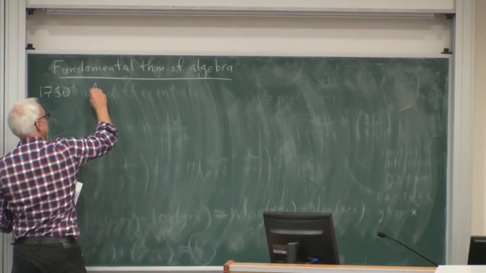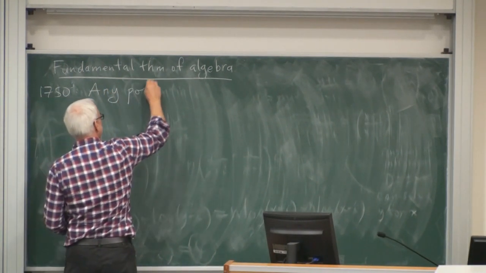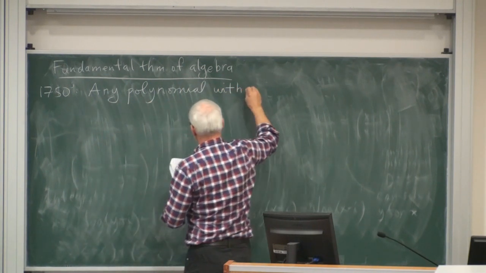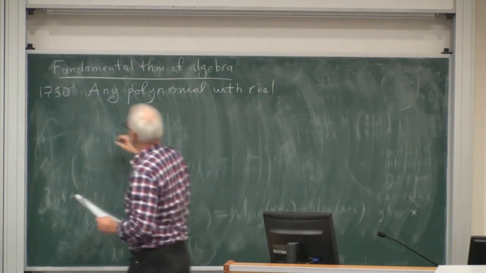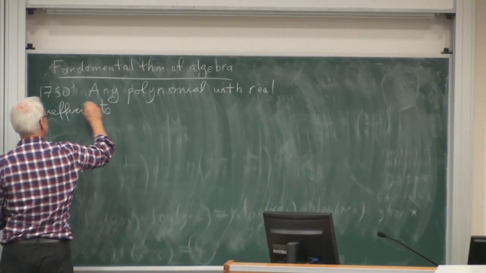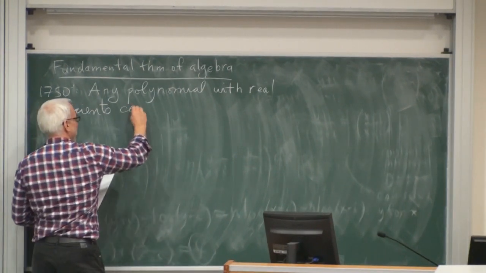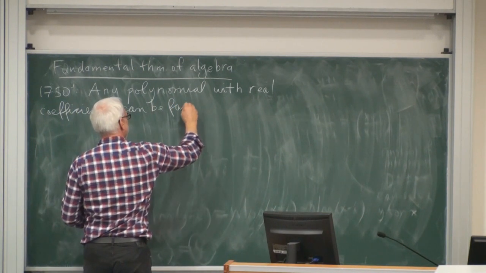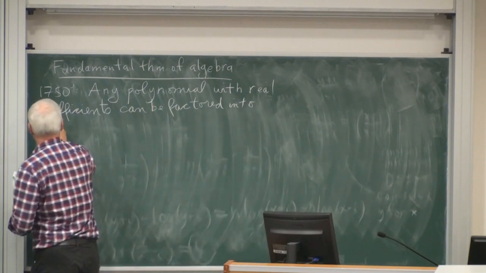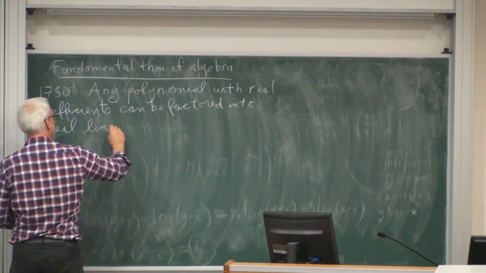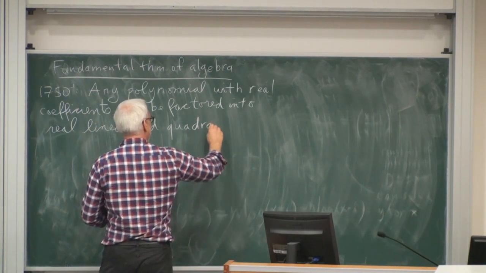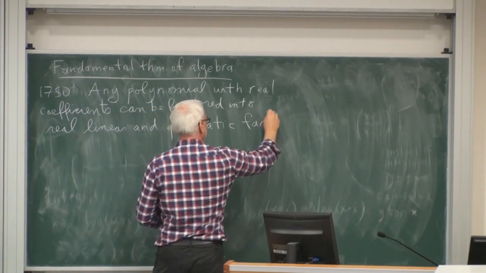And the statement of the theorem back then was that any polynomial with real coefficients can be factored into real linear and quadratic factors.